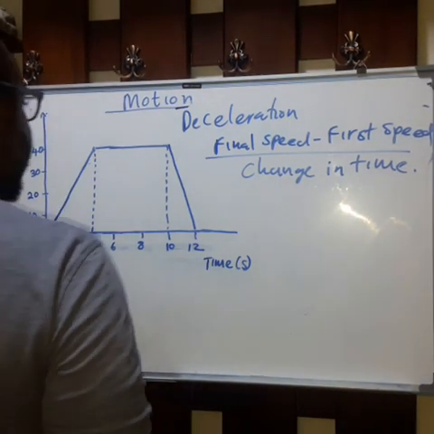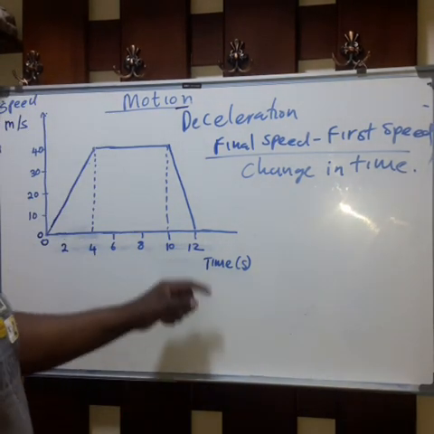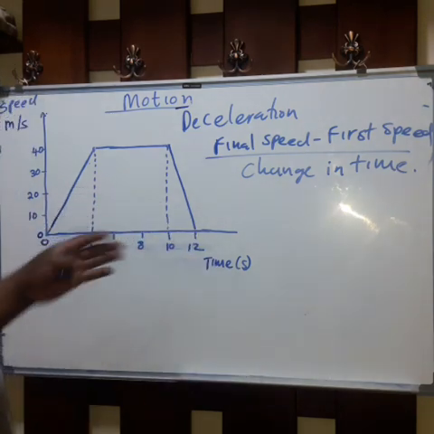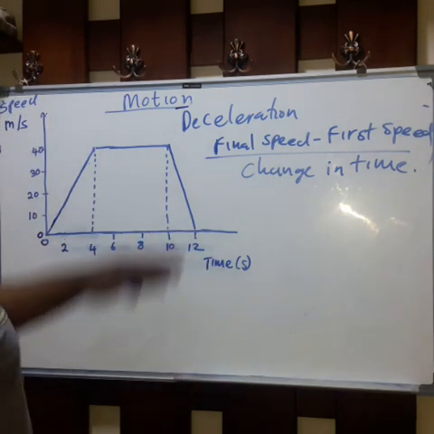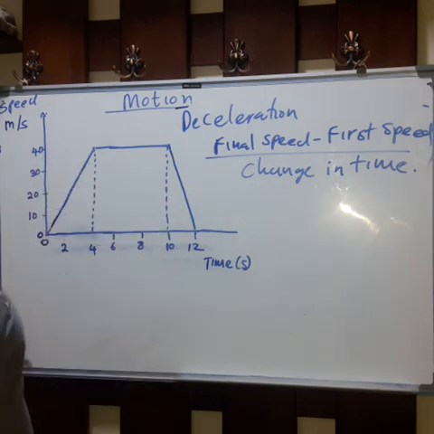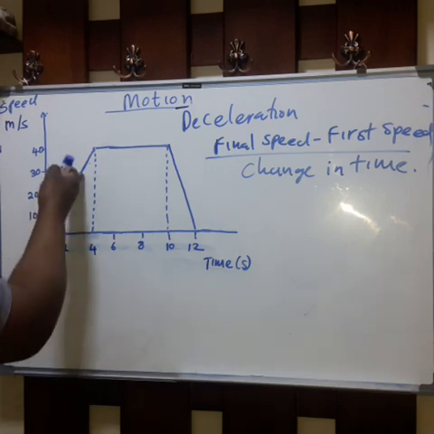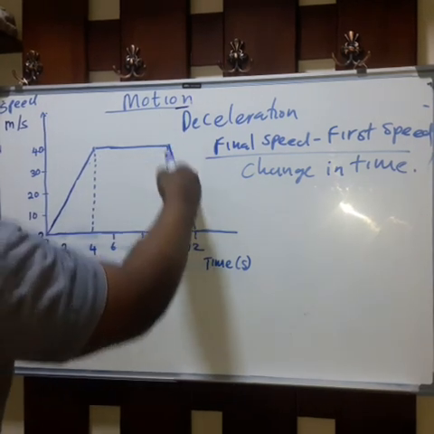And my final speed. Now the final speed is 0 because you notice the path in terms of speed of the object. Initially you have got acceleration, then there is constant speed, then there is deceleration.